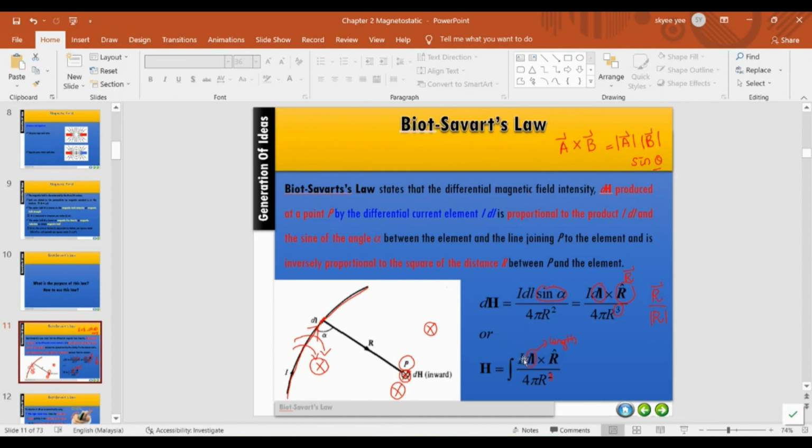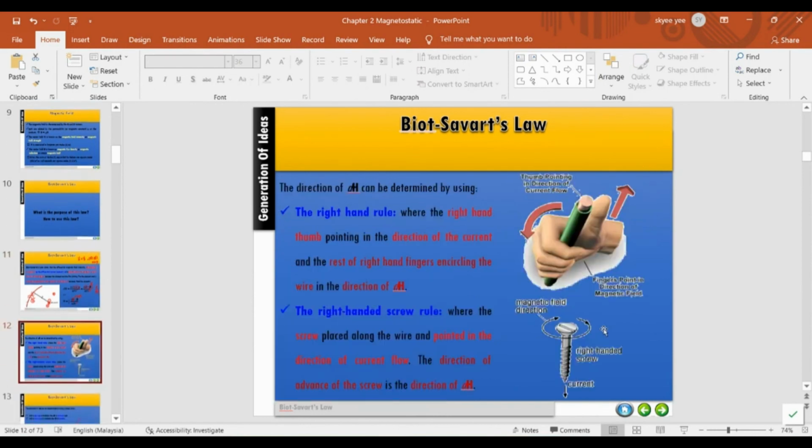So if you have a greater current, you will have a greater magnetic field. And if the distance between the observation point and the current filament is larger, you will have a smaller magnetic field. This is generally what the Biot-Savart law says.